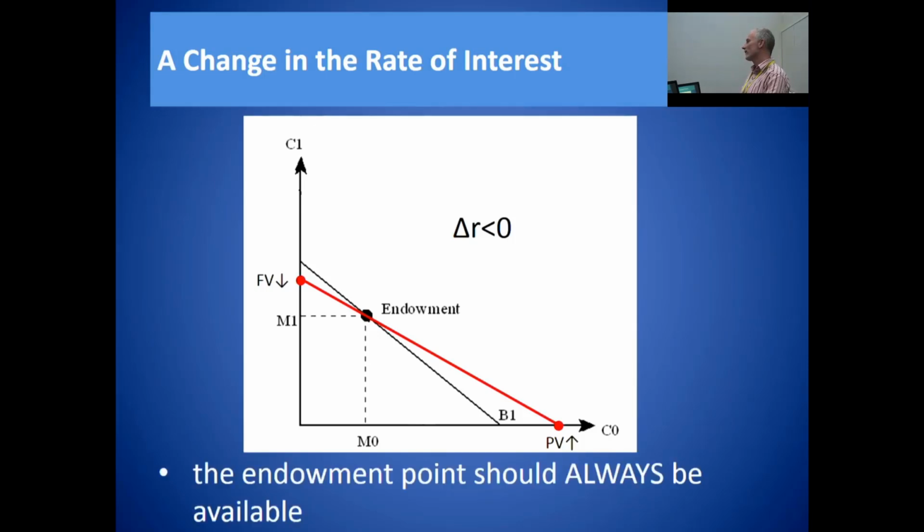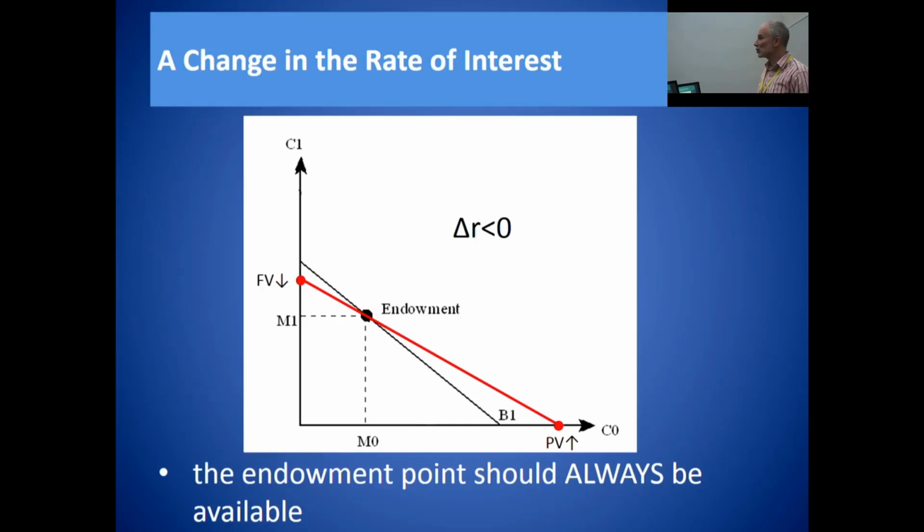And if students make a mistake with this in exams, it's this part here. They don't show that pivot through the initial endowment point. Now, it doesn't matter what the rate of interest is, that initial endowment point should always be available. If you drew it such that it pivoted about one of the axes, is that initial endowment point still available? No. The endowment point must always lie on the budget constraint.